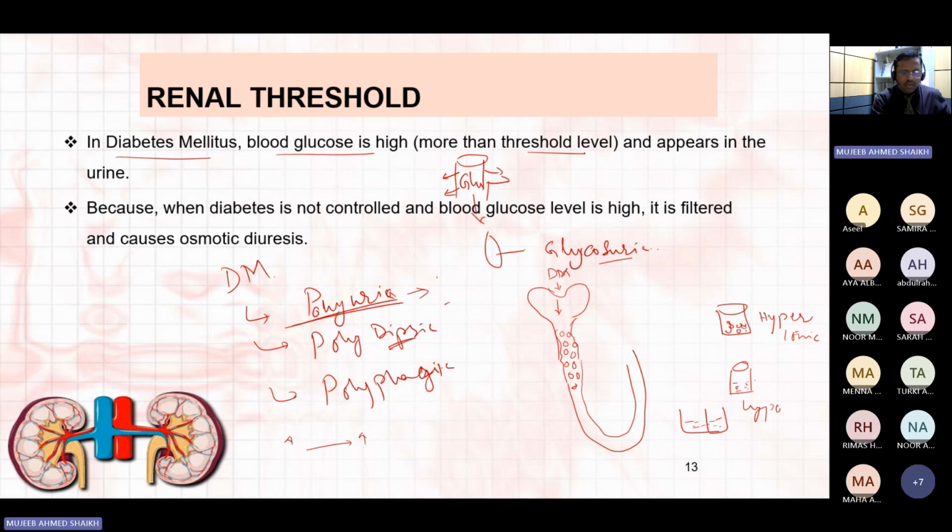Water, I am telling water. From higher concentration of water to lower concentration, right? Suppose this is the hypo area and this is the hyper area.